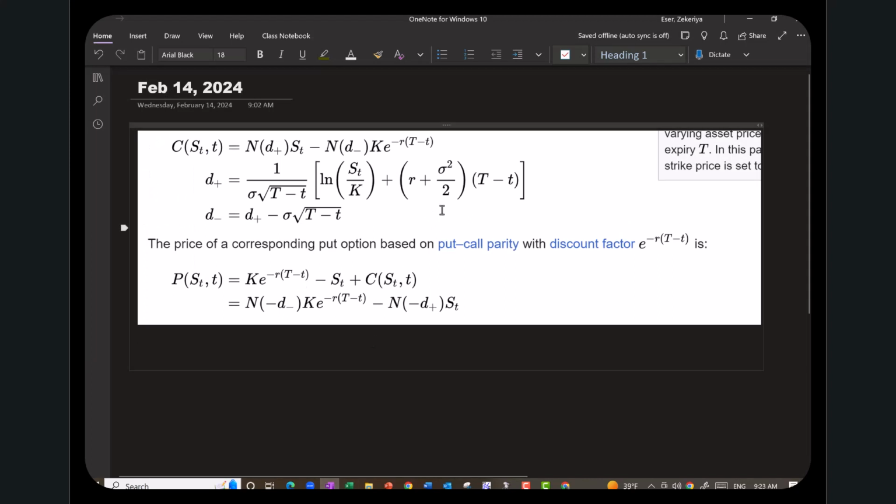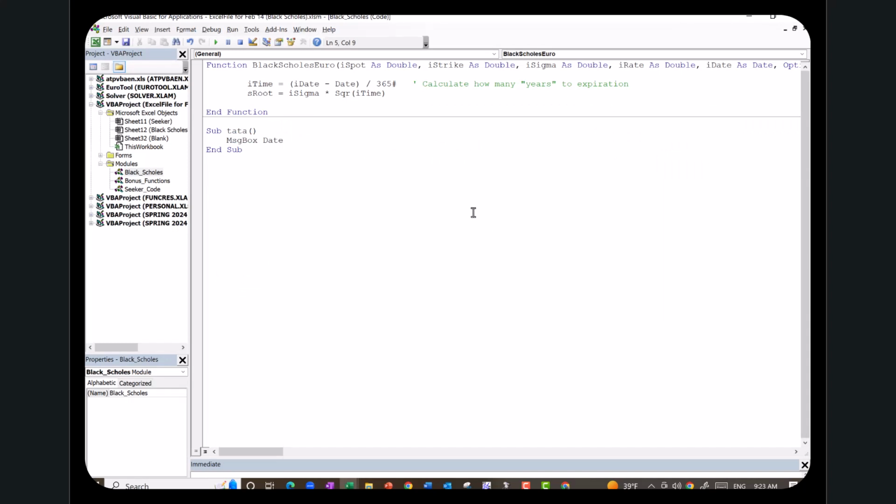What else? Let's calculate our D1. You can think of this part as r times iTime, one half square root of... I'll go ahead and do it.